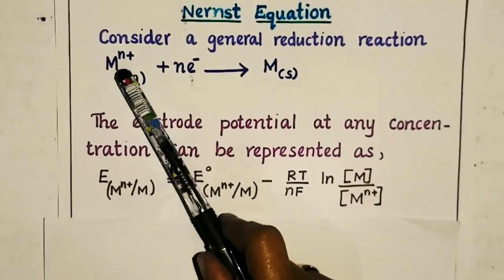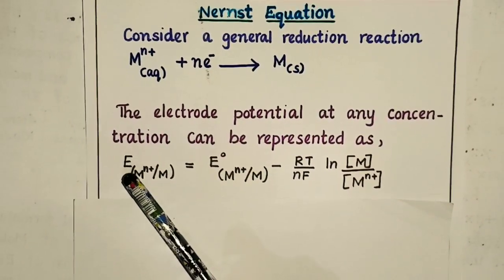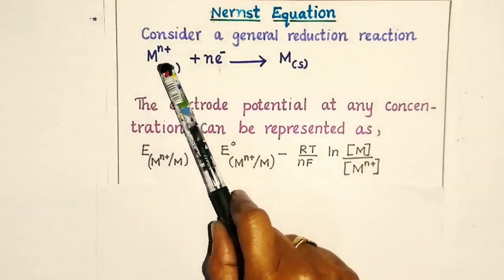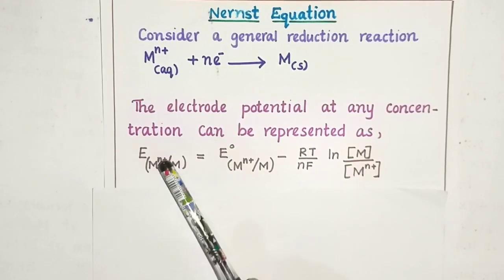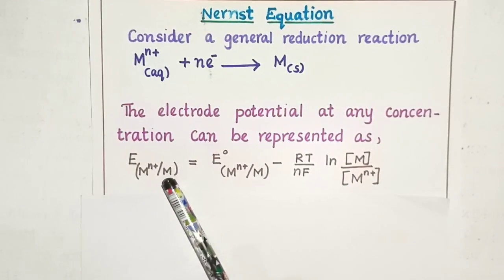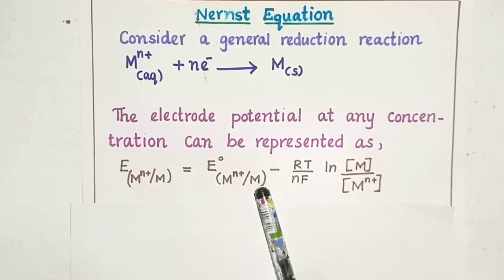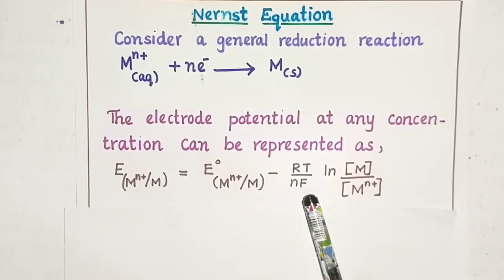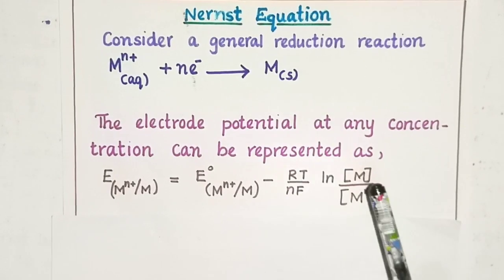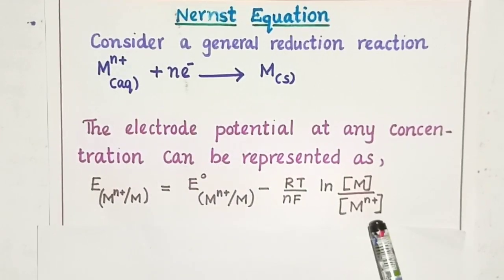So here Mn+ changes to M solid. We can write the electrode potential, represented by the symbol E, and in brackets, Mn+ changes to M, which can be written as Mn+|M. That is, E of Mn+|M is equal to E0 of Mn+|M minus RT by nF ln of the concentration of the product of this equation, that is M, divided by the concentration of the reactant, that is Mn+.